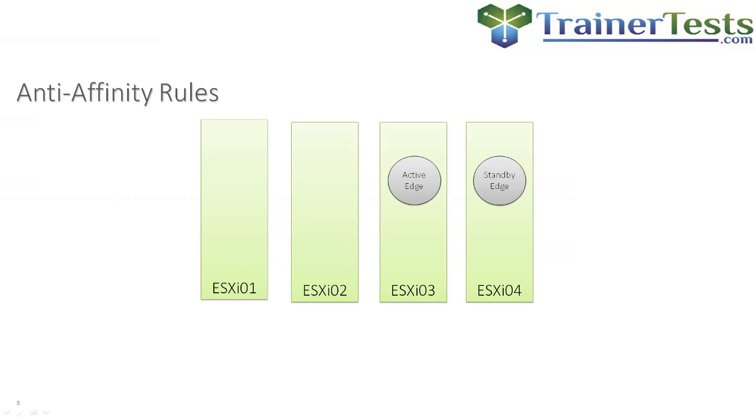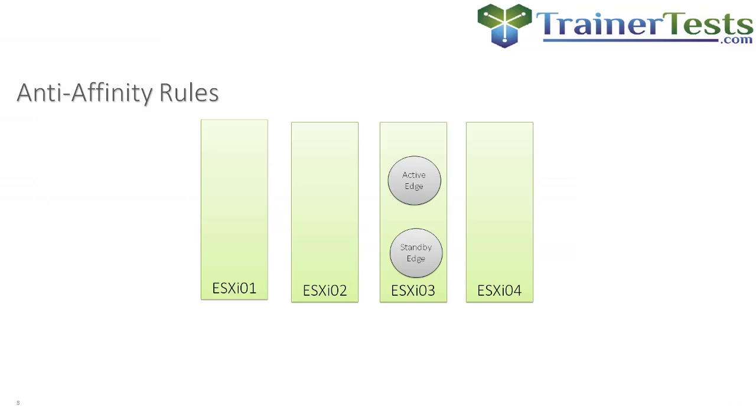There's not really a whole lot of point in doing equal cost multipathing and having multiple edges if those edges get moved by DRS and end up on the same host. So we want to create anti-affinity rules to govern that these virtual machines should not end up on the same ESXi host.